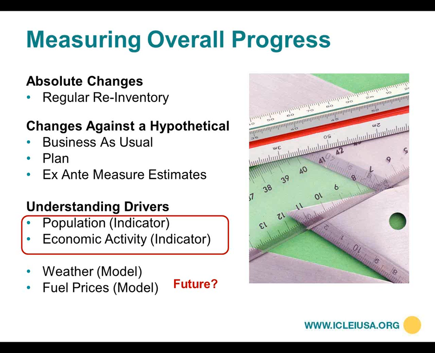And really what we ended up doing is having to draw a line between these two things. Population and economic activity are things that we can understand through indicators, and it is information that generally you'll have access to in the course of creating an inventory.